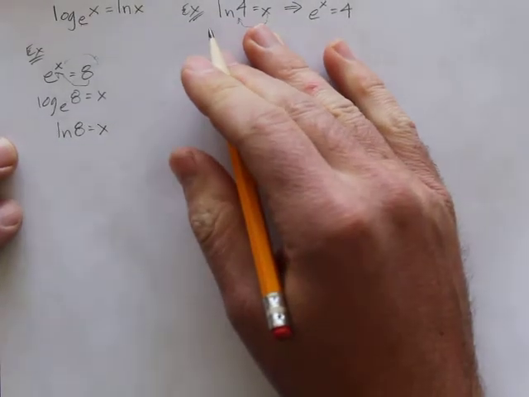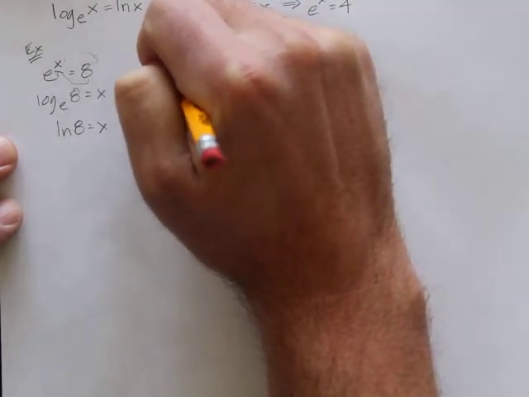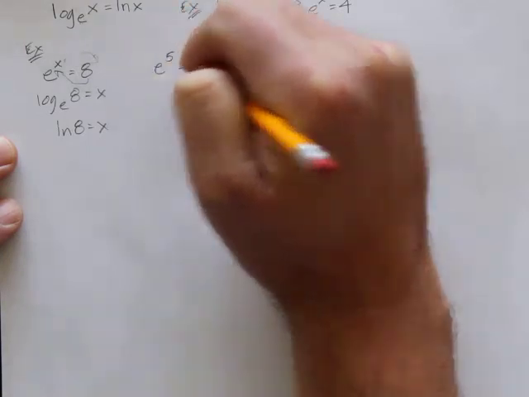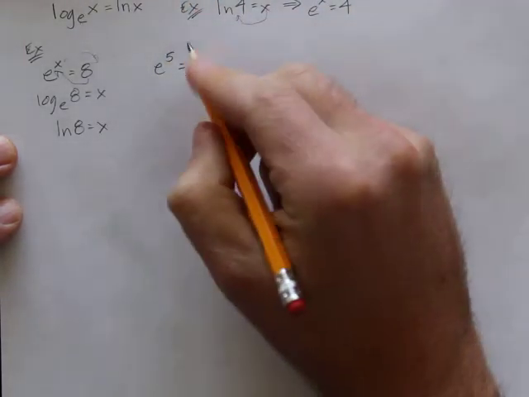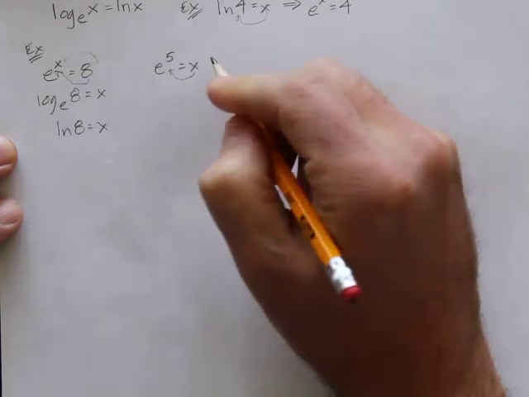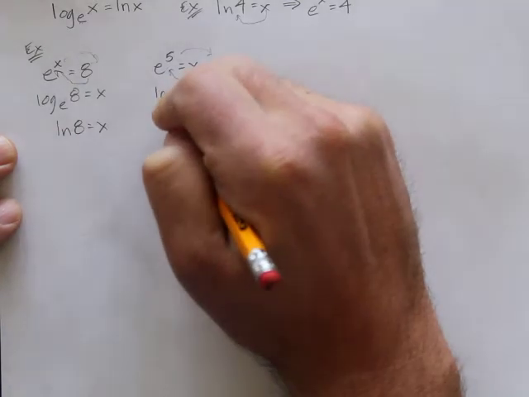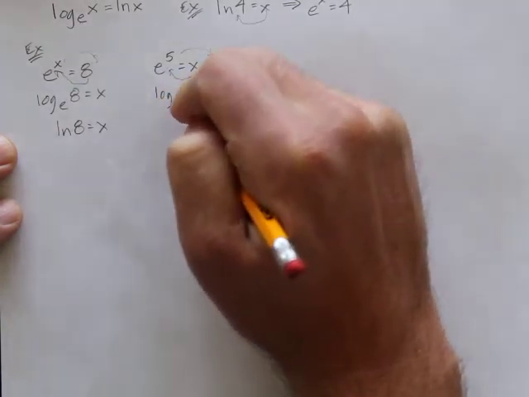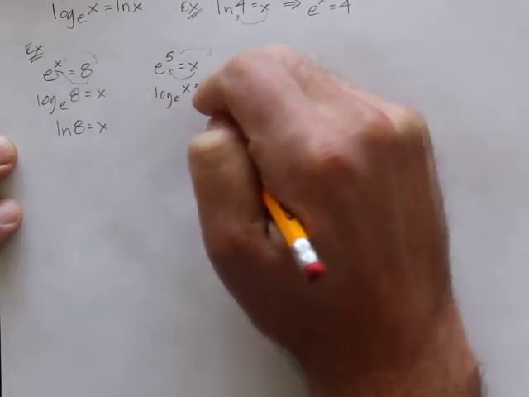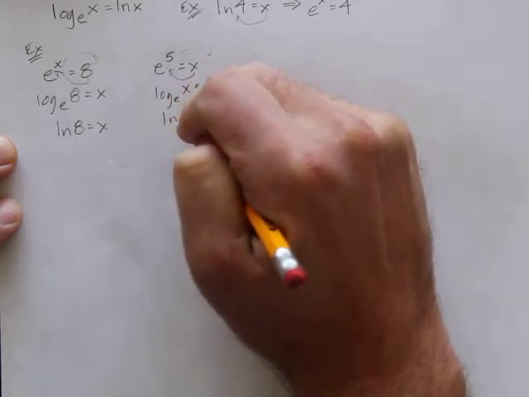We're going to do 2 more. E to the 5th power equals x. So again, take the x, put it right in here. 5 flops out over there. Log base e of x equals 5, or natural log of x equals 5.